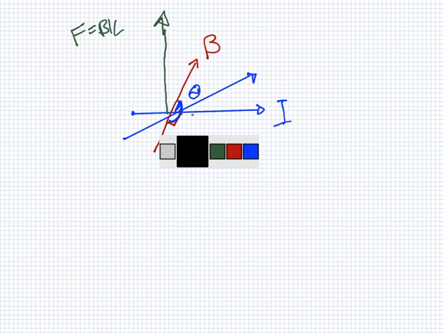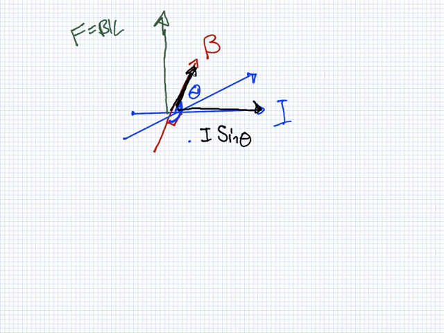So what do we do? Well, we resolve it. So in this one we say this one's sine theta. And because this side is touching the angle, this side here is I cos theta. Now, both these components, you might think, have a force.